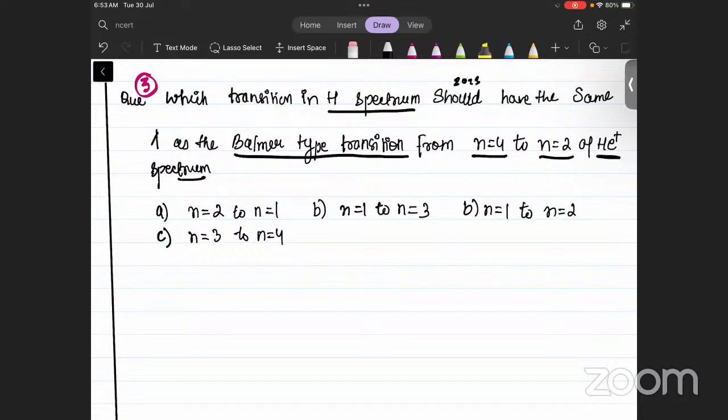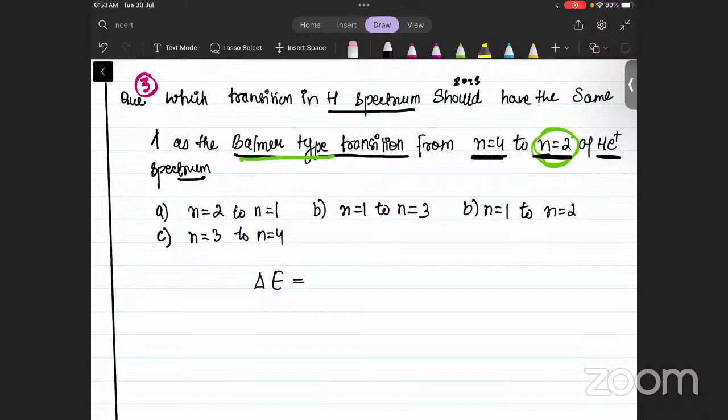Why are they calling it a Balmer type transition? Because the electron is falling to this level, which is n equals 2. So here, as I have told you, for energy, it is saying n equals 4 to n equals 2.